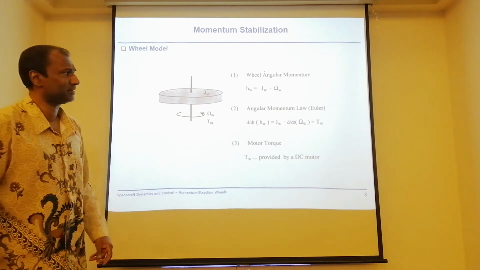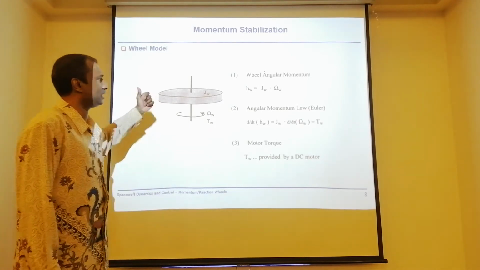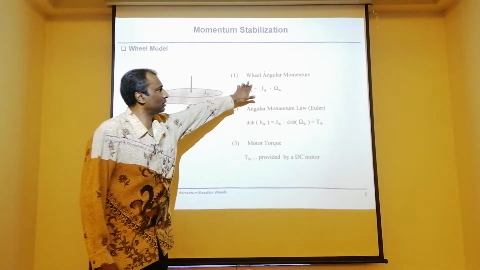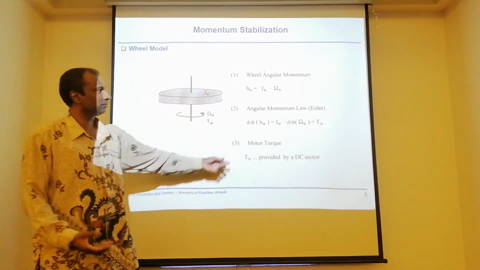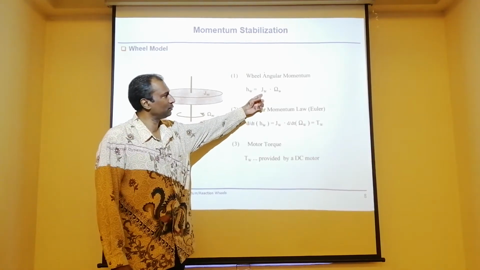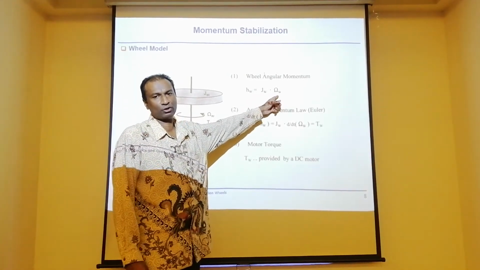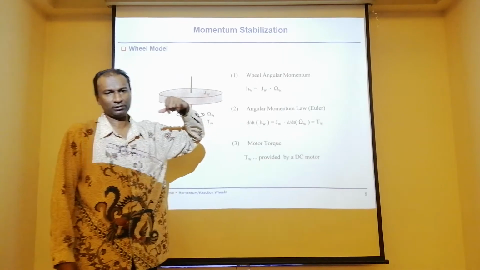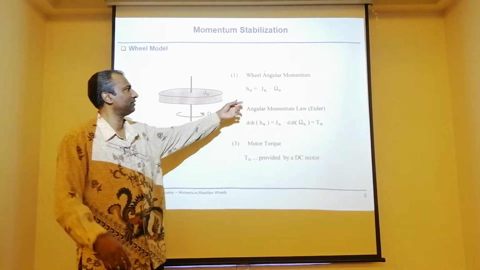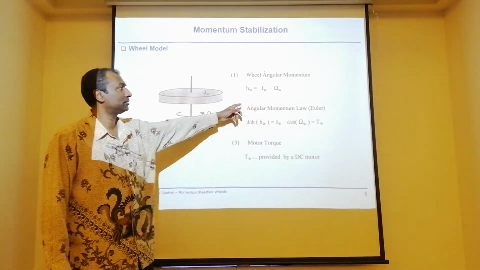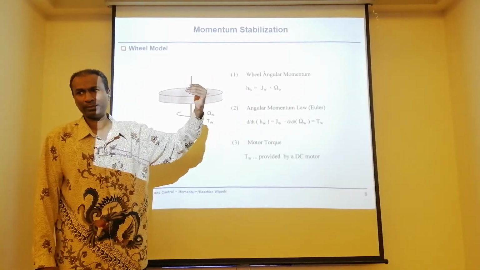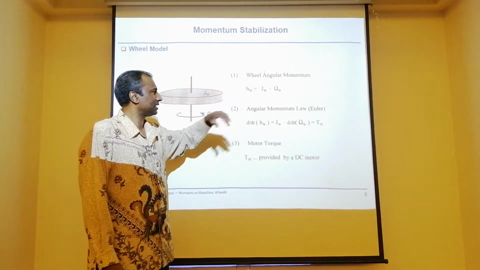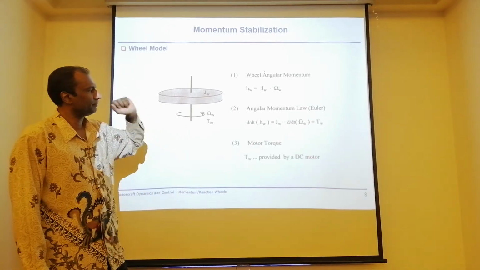Let us go back to the fundamentals. What exactly happens when I have a wheel? Let's talk about the wheel model. The angular momentum of any wheel, J, is basically the inertia of the wheel times the angular velocity of that wheel. Sometimes some books write this as L, angular momentum L. I mark it as H. That's the same, don't worry.